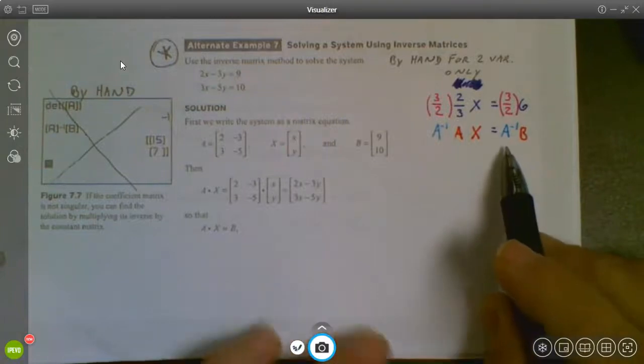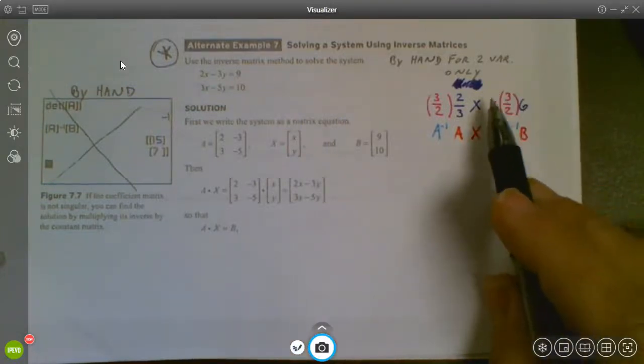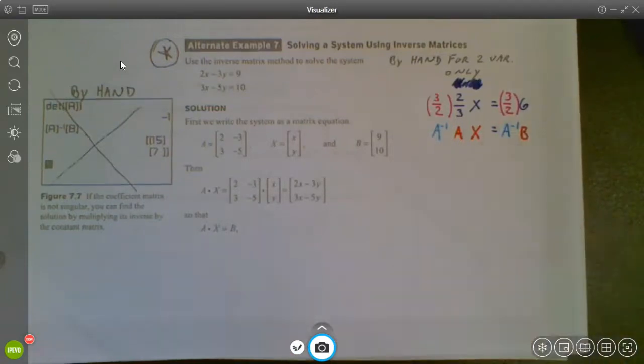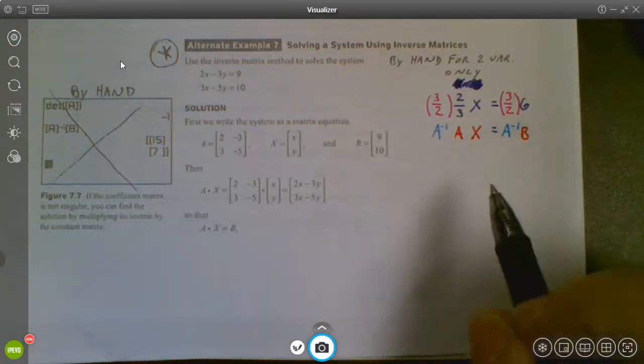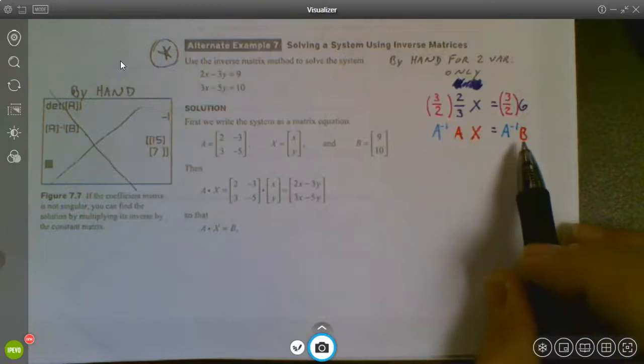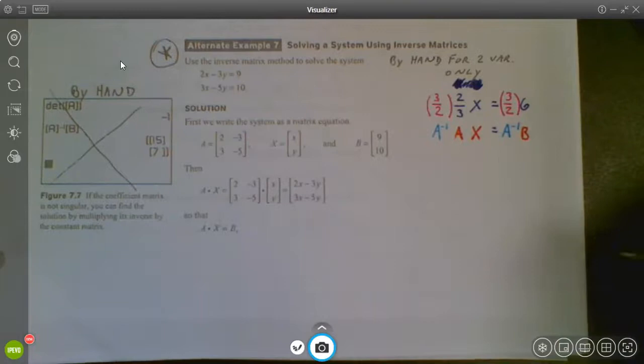There's a reason I keep putting this to the left of B, like I did up here. If you were using normal numbers, it wouldn't matter if you put 3 over 2 here or here, you would still get the same answer. But with matrices, we already know that that's not true. Order does matter when you're doing matrices. It matters that you do the inverse first and matrix B second. So I am intentionally writing it in the order that I am.